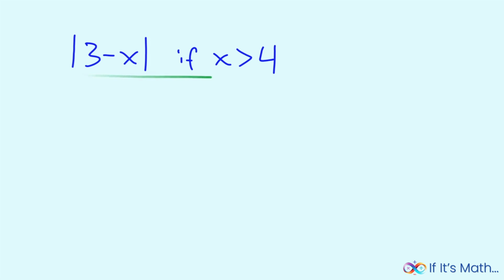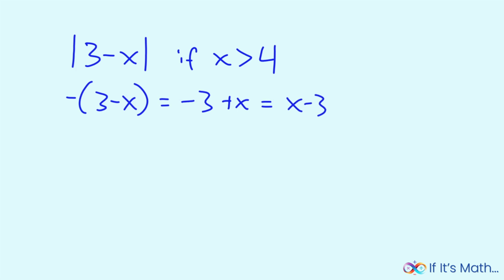So every outcome here is going to be negative. So remember, what we do then is multiply the whole expression by a negative. That's going to give you negative 3 plus x, which is x minus 3. Or again, the shorthand is if you know that 3 minus x is going to be negative, then you just flip it around.